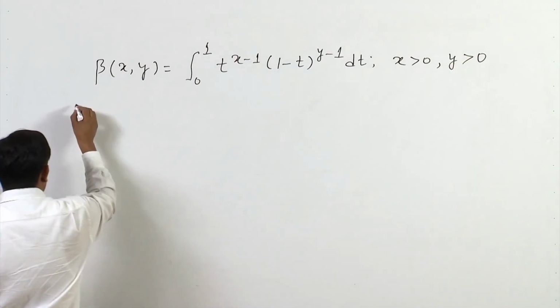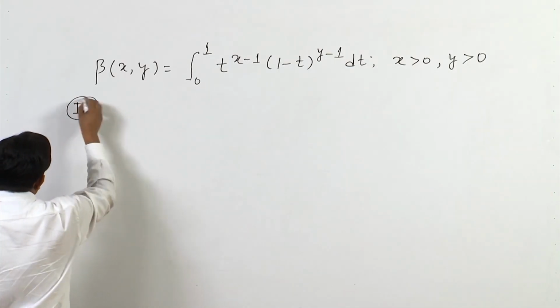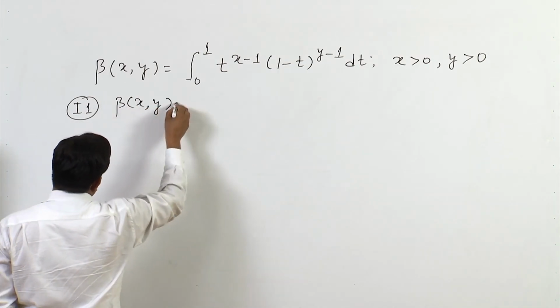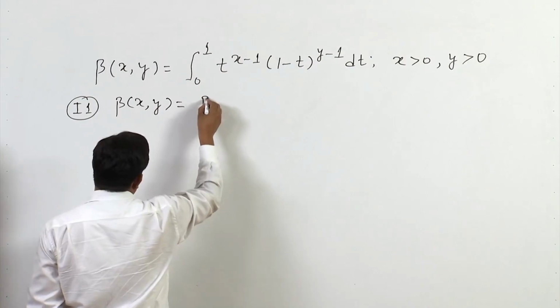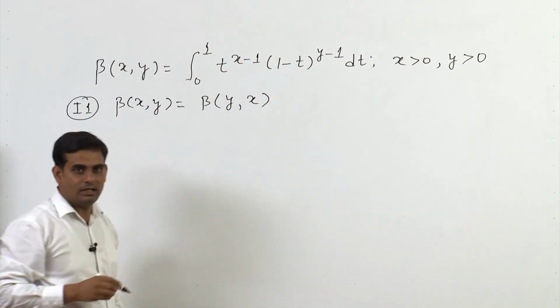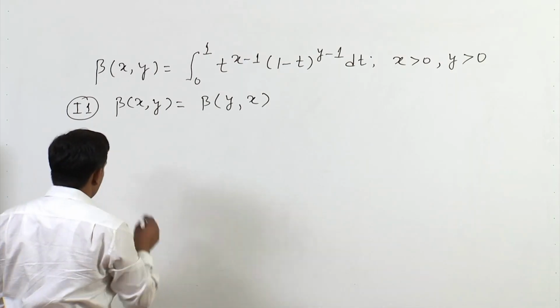Now, the first identity, I will write it as I1. I will prove that the beta function is a symmetric function, that is, beta of x, y equals beta of y, x. So, take the definition.